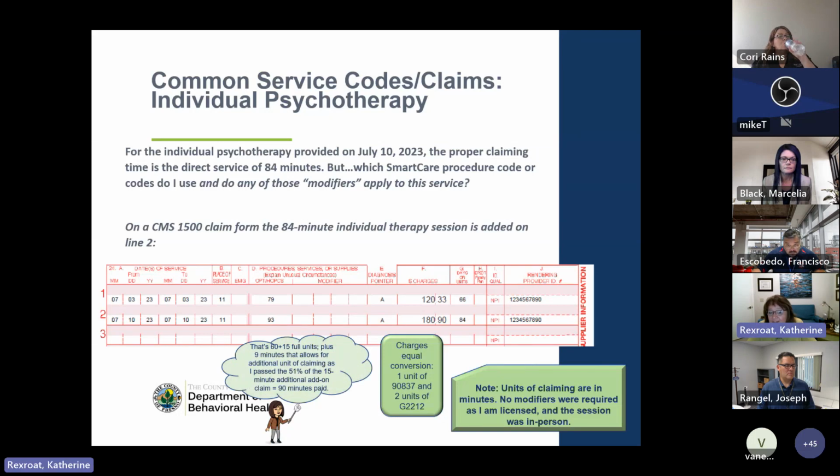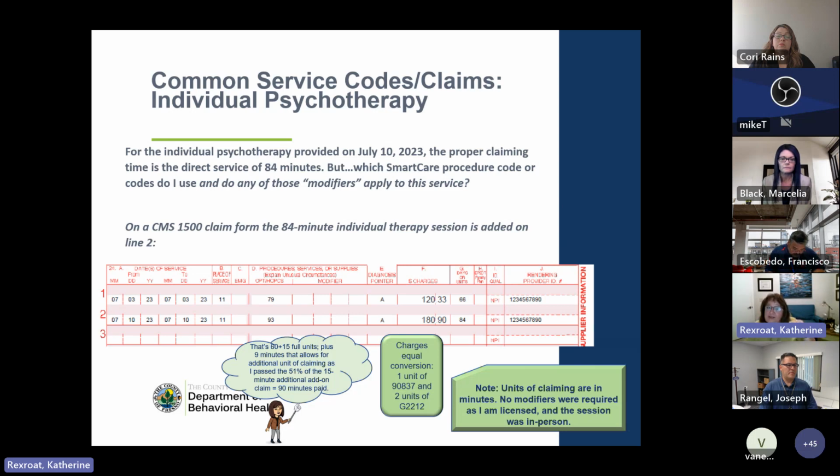That equals 90 minutes of the full CPT code plus 15 full minutes in full units, plus 9 minutes that allowed for the additional unit of claiming as I passed the 51% of the 15-minute additional add-on claim. So that $180.90 actually equals a 90-minute paid session, even though I am only claiming 84 minutes.